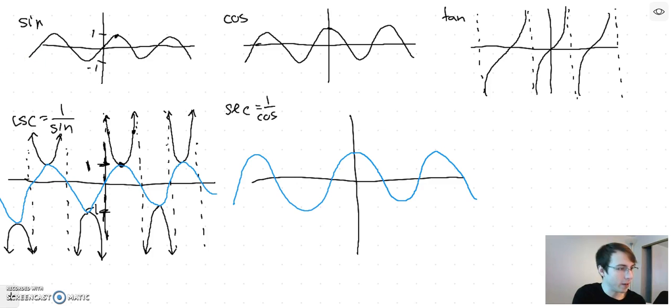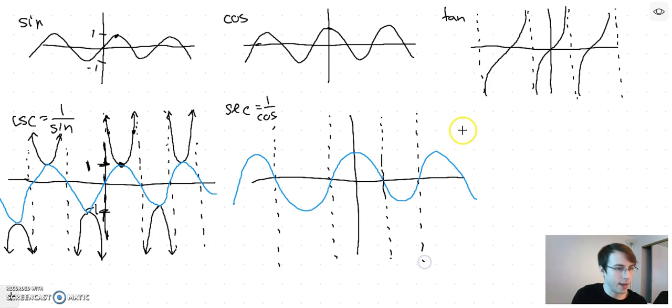And then we can do the same idea that we did with sine. So at 0, it's going to have an asymptote. And then, again, it's just going to be swoops.